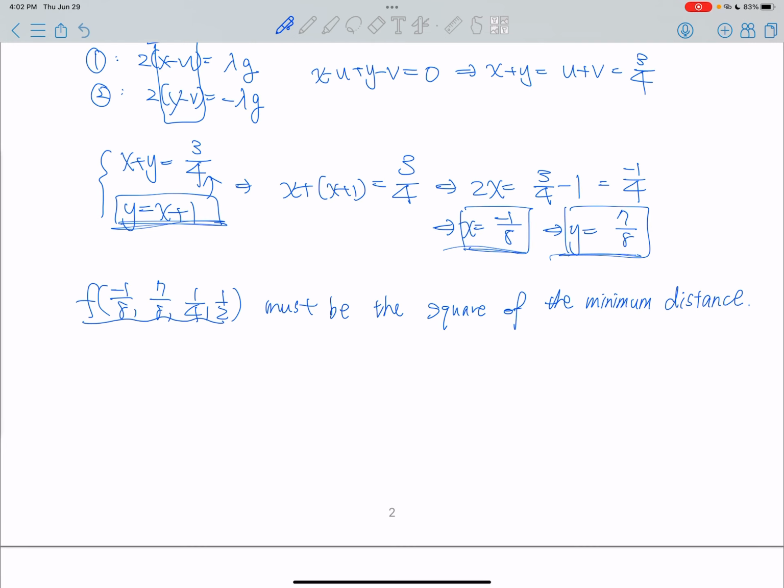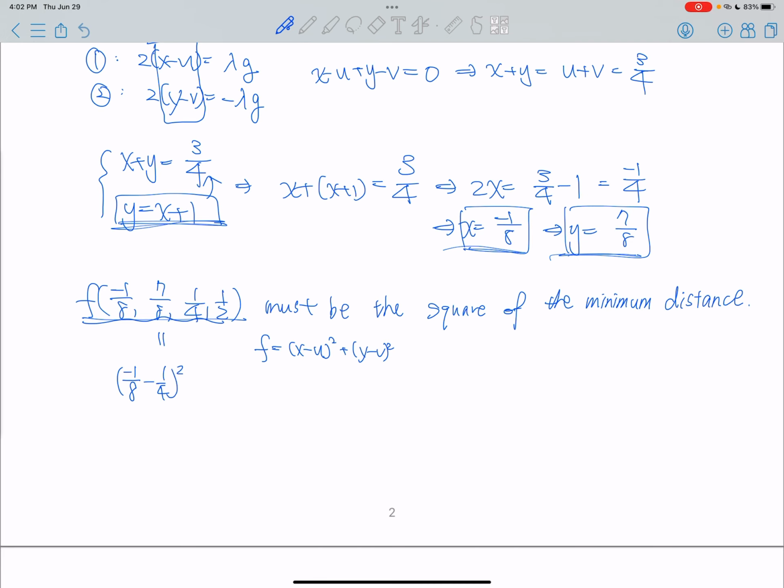But what is this? f is x minus u squared plus y minus v squared, so this value is just this minus u squared plus this minus v squared.